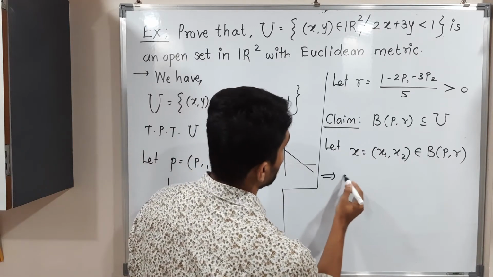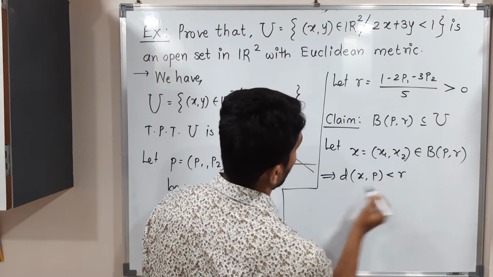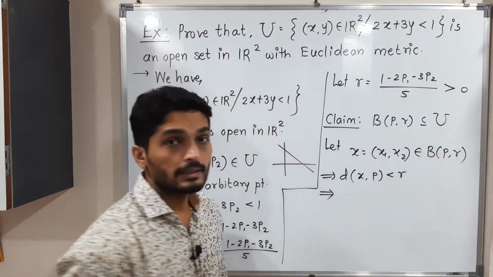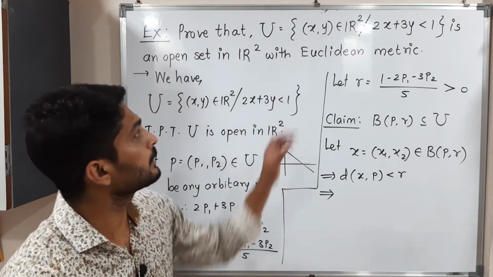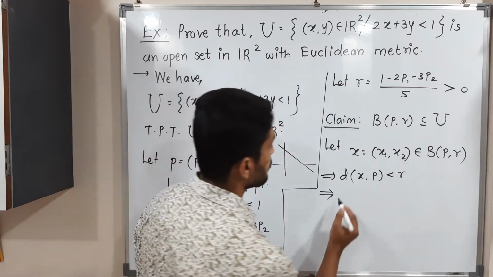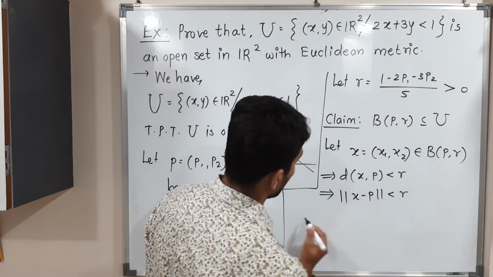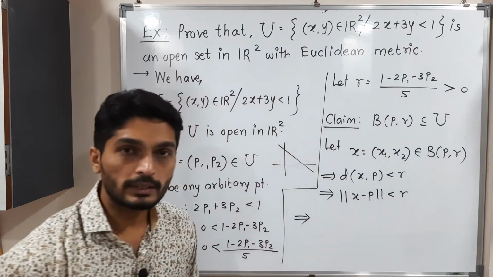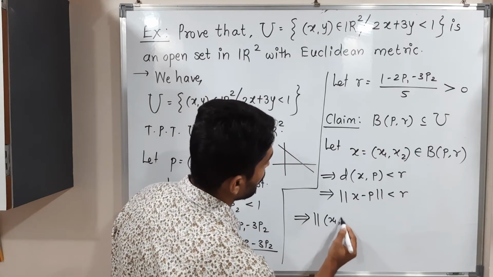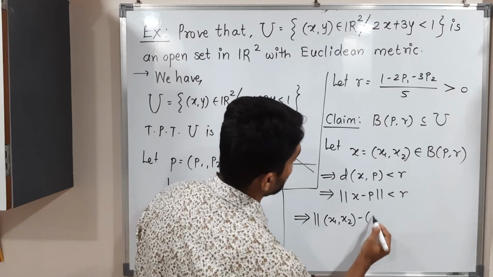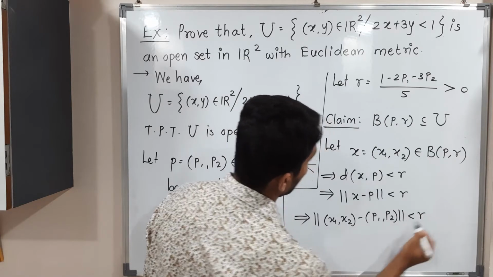So that's why the distance of x from P is less than R. Which is a Euclidean distance here, since we have R2 with the Euclidean metric. So therefore this is norm of x minus P less than R. Tell me what is our x? x is (x1, x2). What is our P? (p1, p2), less than R.